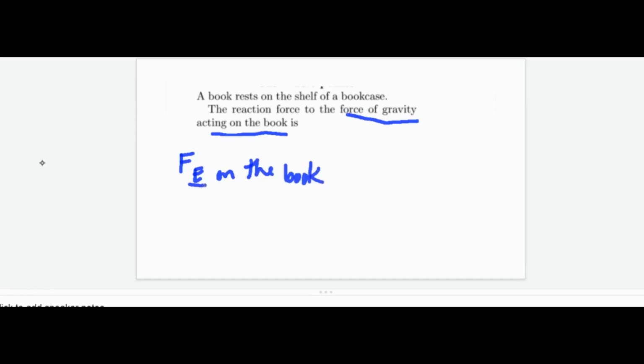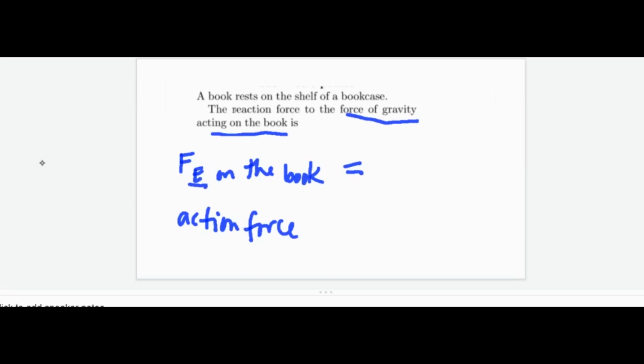And that force exerted by the earth on the book is the force of gravity. Then the reaction, so this is our action force. So remember we started with, well, there's a force of gravity. Who's exerting that force of gravity on that book? It's the earth, right? Because it's on earth and it's caused by the force of gravity of the earth.